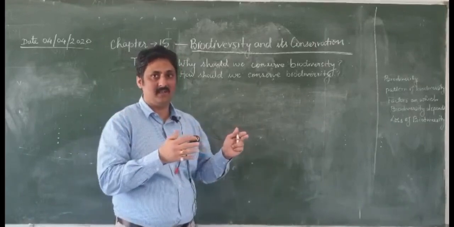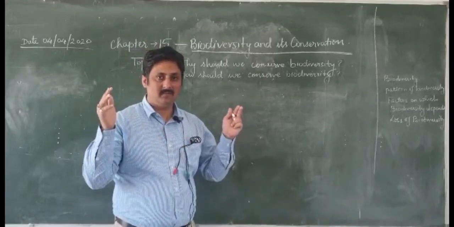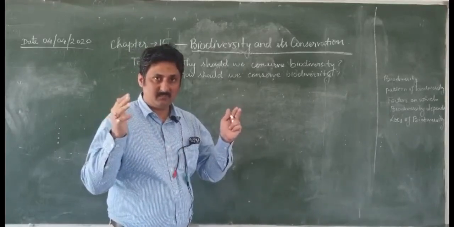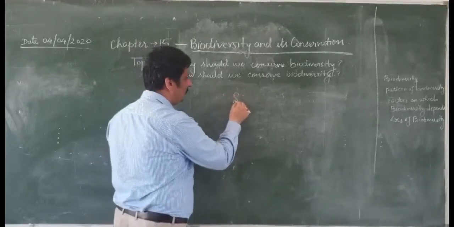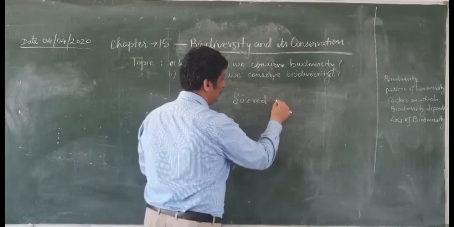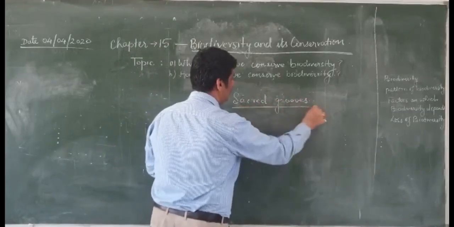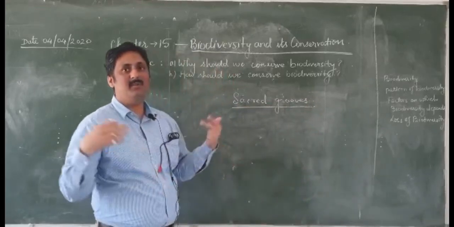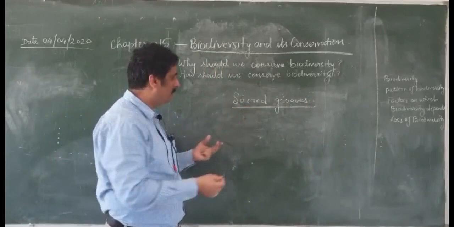They keep aside that particular tract of land and they protect it. Now, these are called sacred groves. Such tracts of land which are protected by different communities living in India are called sacred groves.